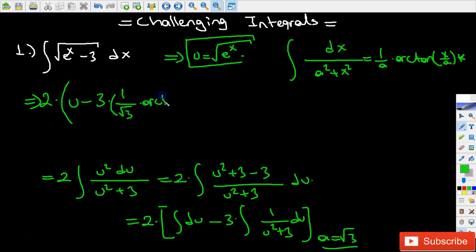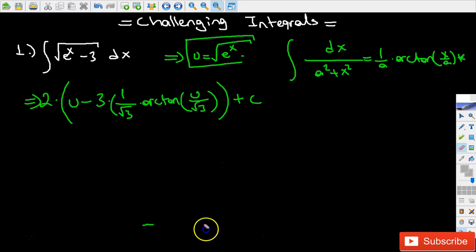times arctangent of u over the square root of 3, plus c. So this is going to be our final answer. But to finalize it and put it in the nicest way, I need to switch u back to the square root of e to the power of x minus 3.